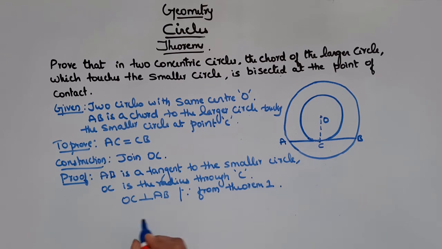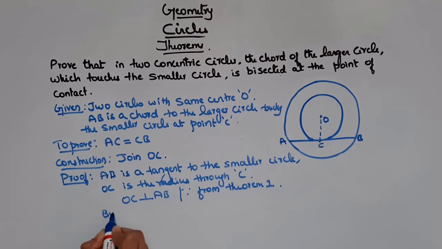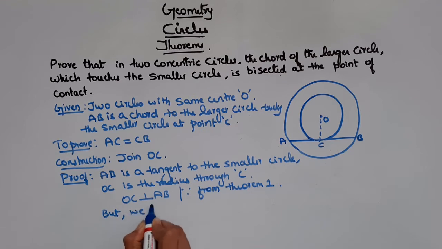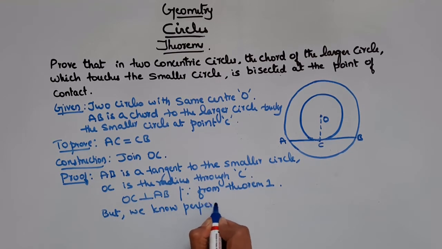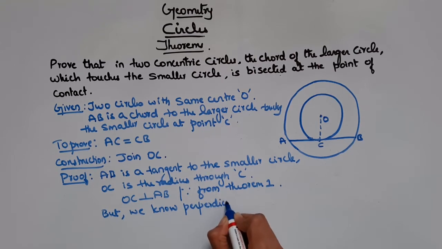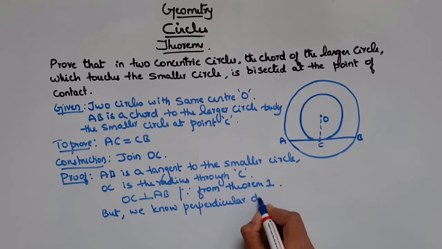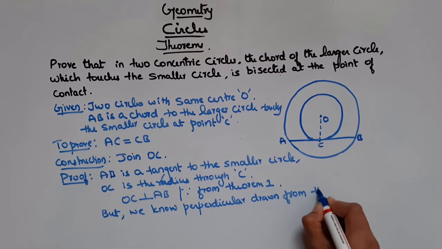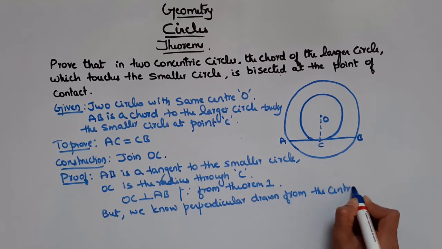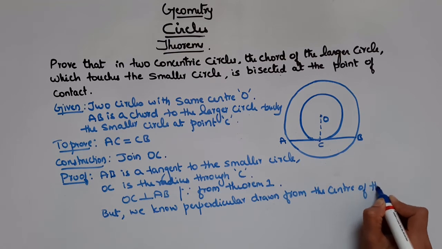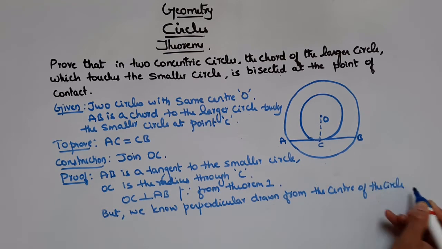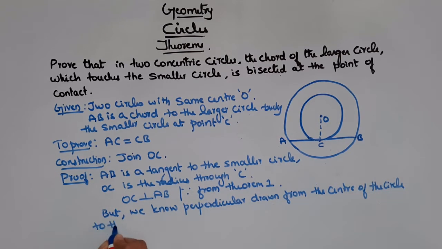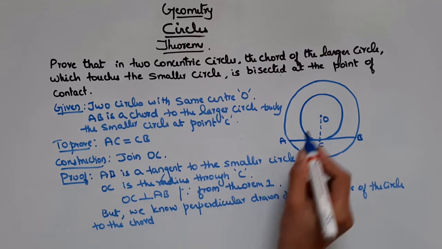So let me write that in words. But we know the perpendicular drawn from the center of the circle to the chord bisects the chord.